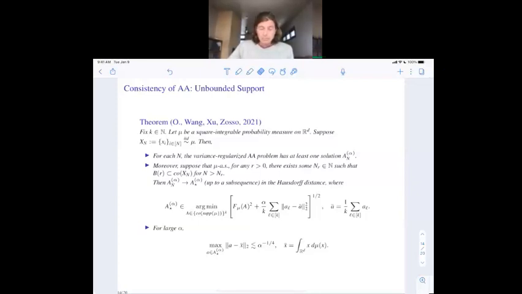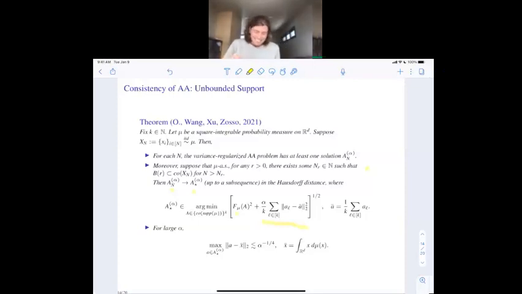And then under the assumption that mu almost surely, for any radius r, there exists some integer so that the ball of radius r is contained in the convex hull of the data set with n points, under that assumption, I have again the convergence in the Hausdorff distance of the solution to this regularized problem to a continuous problem, and the continuous problem is exactly the one you would think it would be. It's just replacing the empirical measure by mu and also adding this same regularization term.